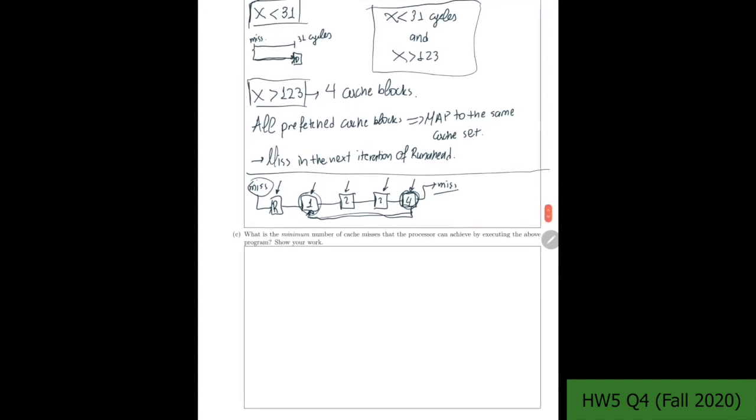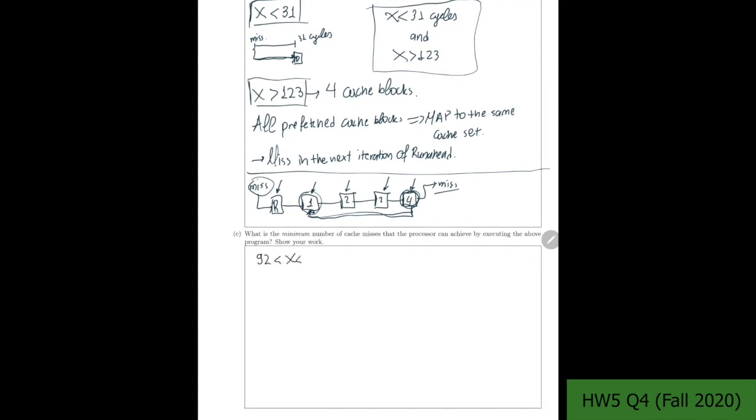To prefetch exactly 3 cache blocks, based on the equations we wrote before, we need to have a latency between 92 and 124. Because if we have something below 92, we will prefetch 2, and greater than 124, we will prefetch 4, and we will miss always, as we showed in the previous exercise.